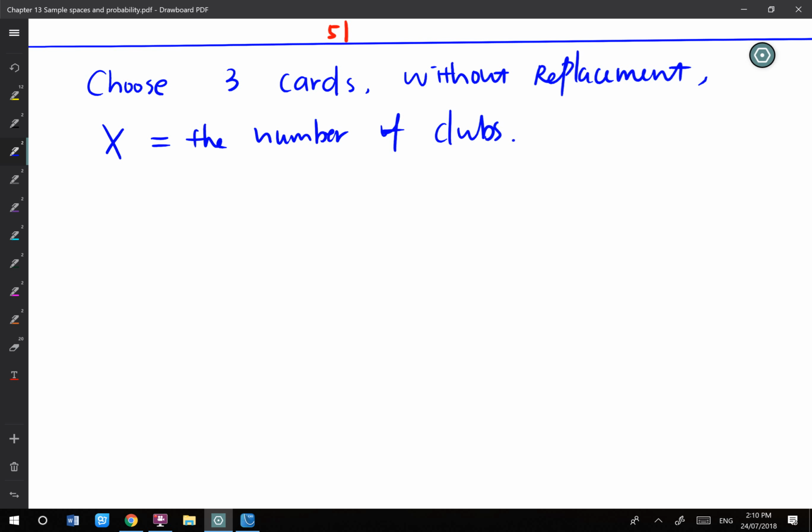Why did I say this is the same type of question? Well, for the committee question, I haven't said you can't replace the people back, but will you really replace them? You won't. You select me and then put me back. Second selection, you still can have me. Possible. And third selection, have me again.